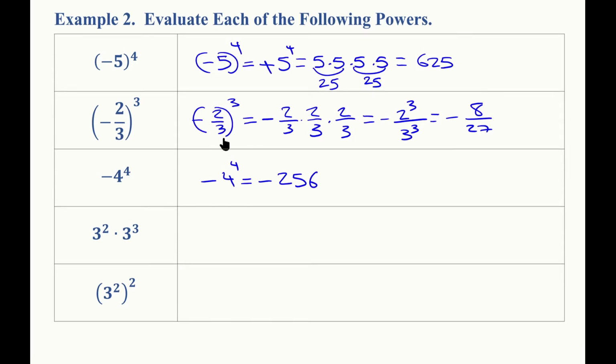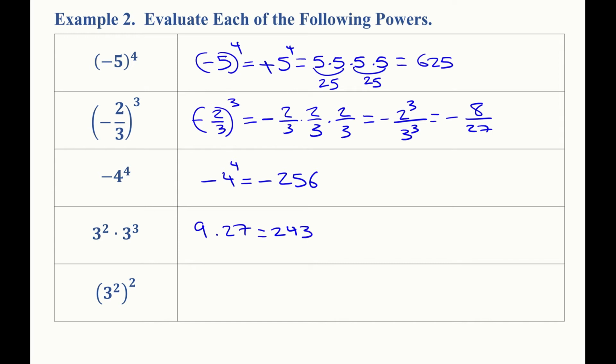So here we have a product of two powers, so we can just take care of each and go ahead and multiply it out. So we get 3 squared, which is 9, times 3 cubed, which is 27. And when we multiply that out, we get 243.